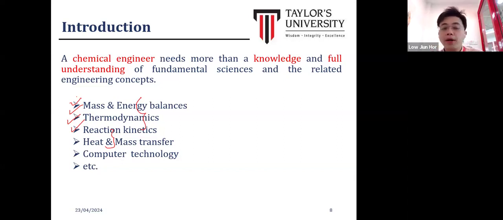That's why, remember, most of you are now in year 3 as chemical engineering students. You are going to officially become a chemical engineer, so you have to make sure you know how to apply this knowledge and integrate it together in order to come up with a chemical plant design.